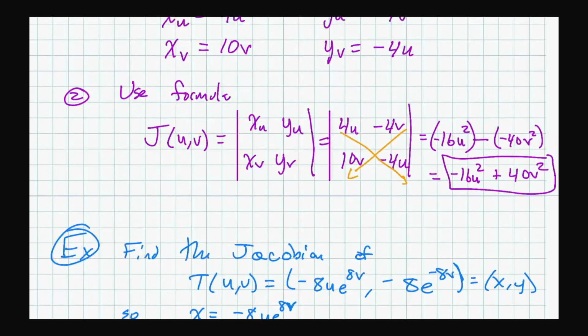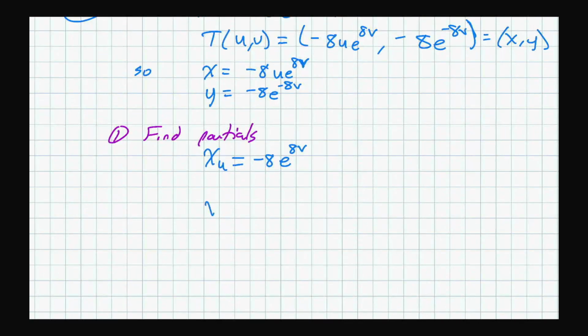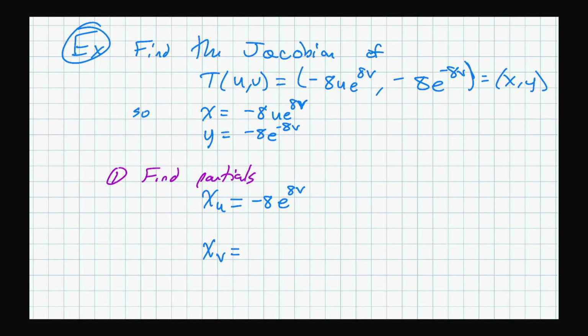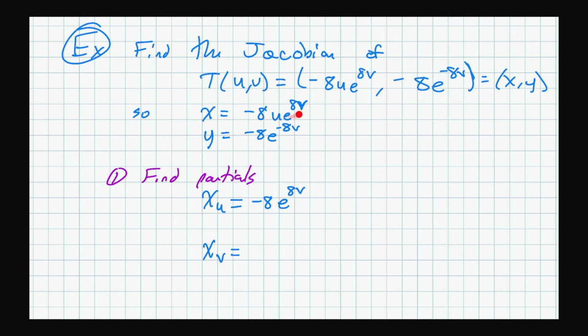We're going to need partial of x with respect to v. So if we take the partial of x with respect to v, it's going to be negative 8u e to the 8v, and then the chain rule is going to make me multiply by the derivative of 8v, which is 8.